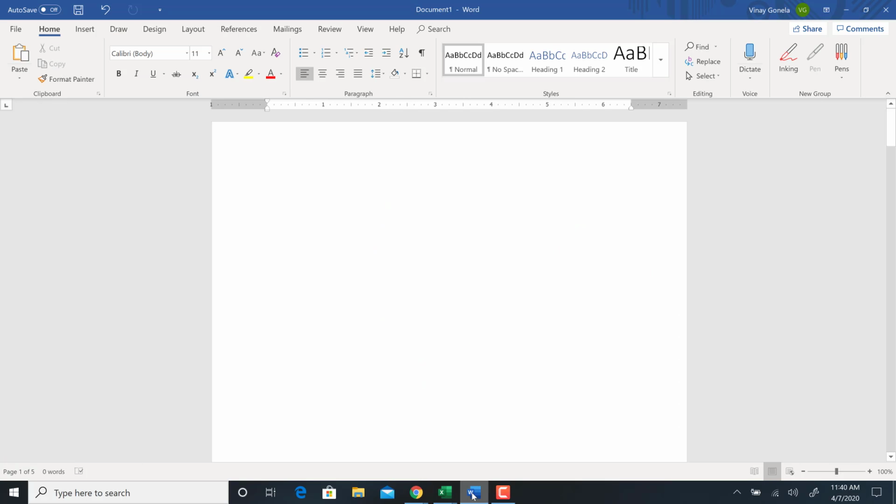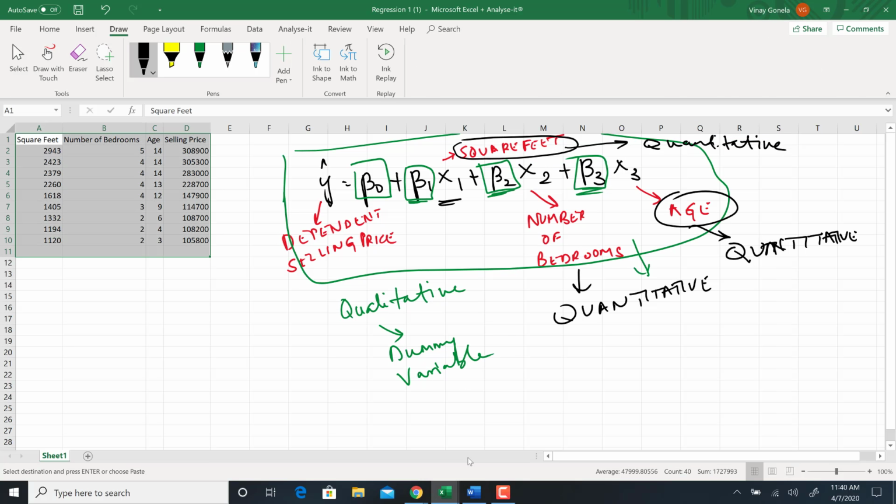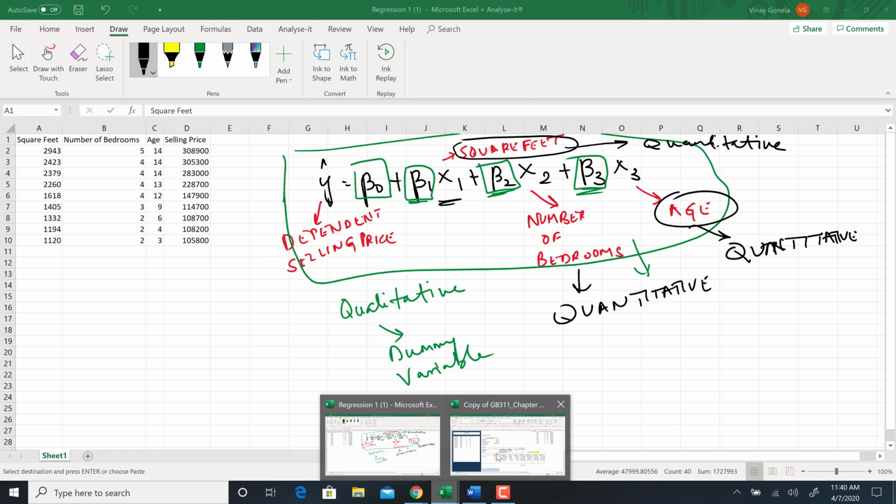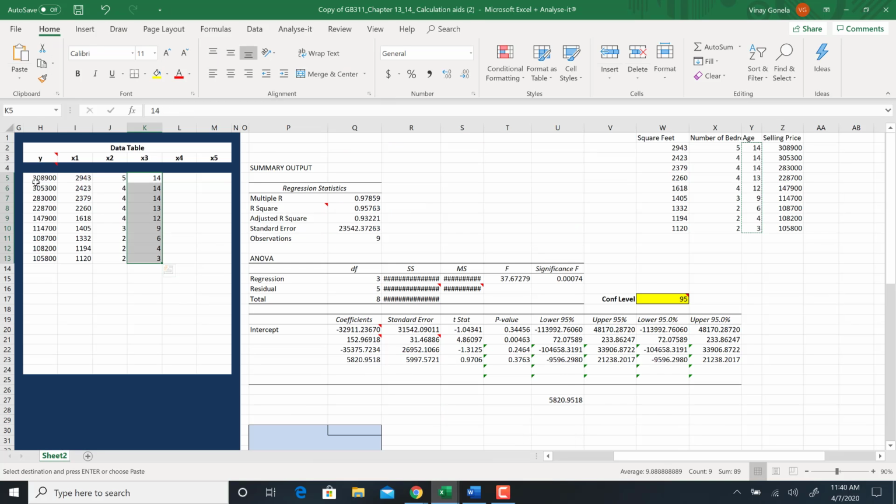So now in our calculation, we entered these values, and the first thing is the summary output which we got, which has the r square value, which is the coefficient of determination, and then we have the standard error and observations.